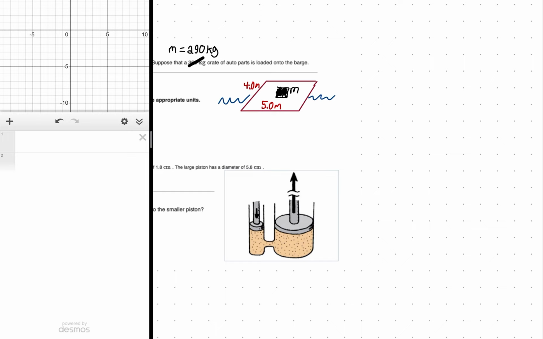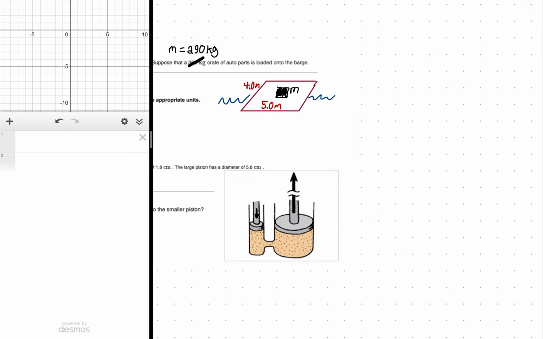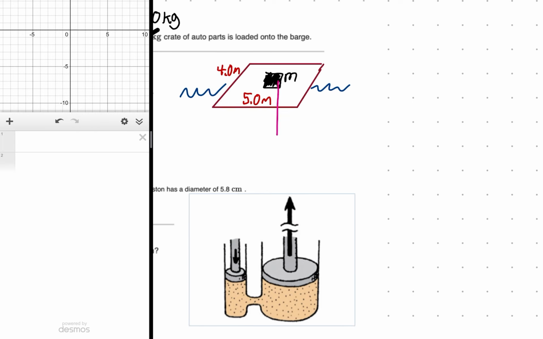Okay, so let's then think about what's going on. So we have a gravitational force acting on the mass. Okay, so right there, this is just going to be the gravitational force. And then there's going to be a buoyant force that's acting up, via the barge, right, kind of the raft, which we'll call FB. Okay, so those are our two forces.